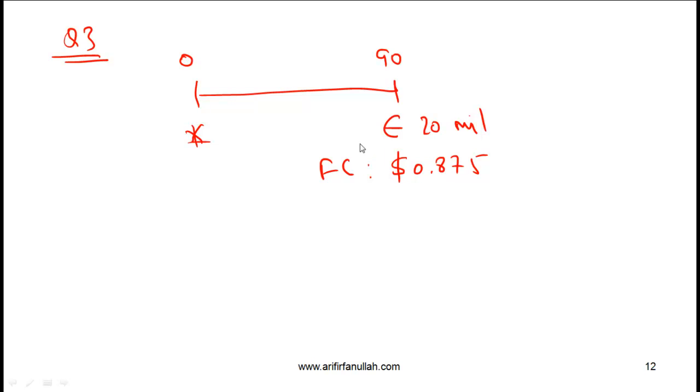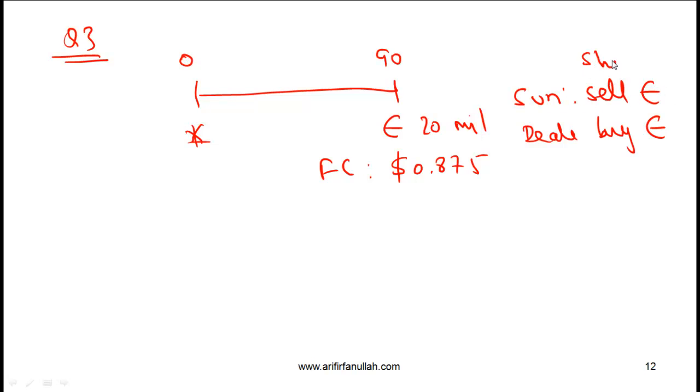So let's just make sure we understand. The underlying here now is the euro, and what Sun is doing, Sun is selling euro, and the dealer will buy the euro. So the underlying is the euro with Sun selling.